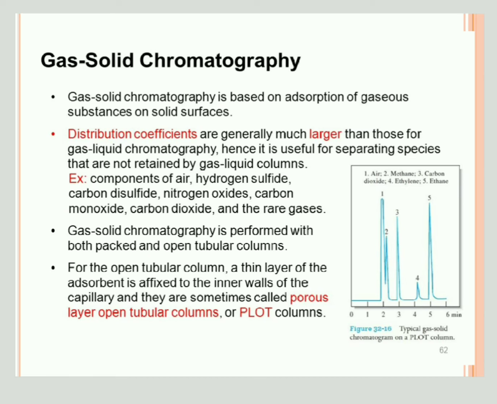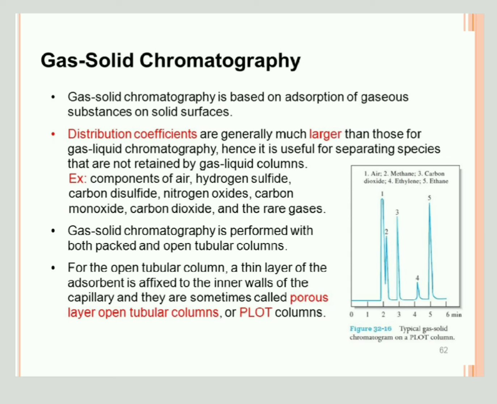What we will study here is that gas solid chromatography is based on adsorption, meaning on the basis of the interaction of the adsorbent and the adsorbate. In gas solid chromatography, the mobile phase is gas and the stationary phase is solid.